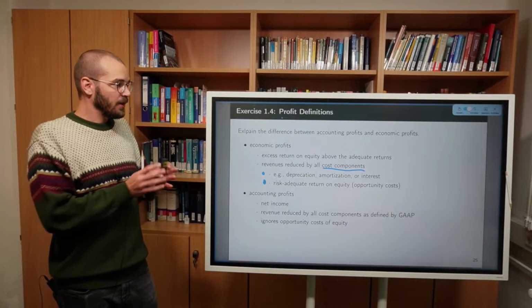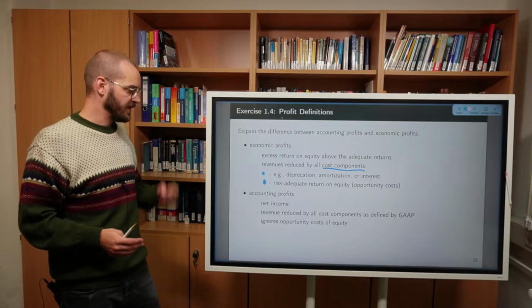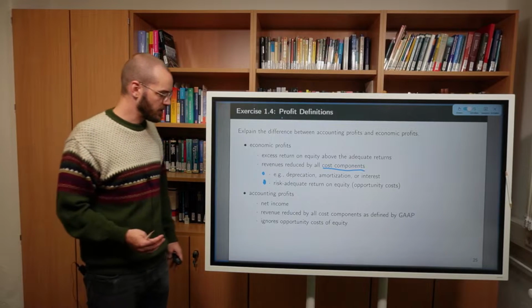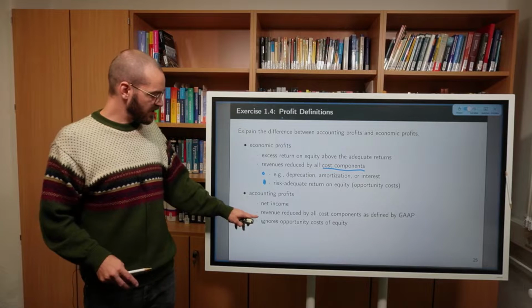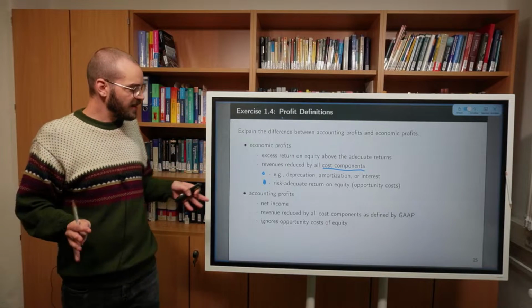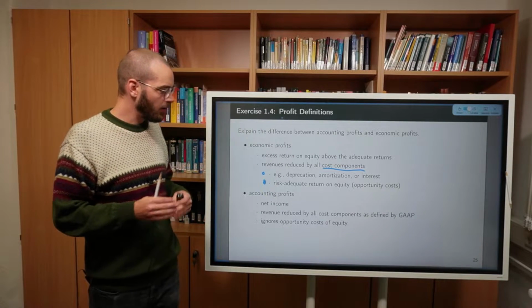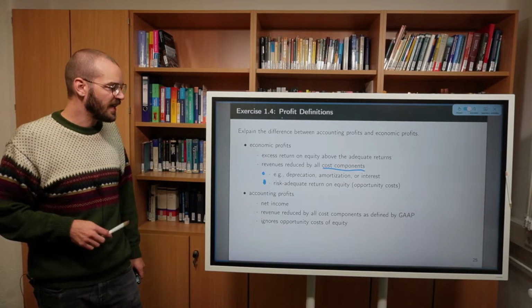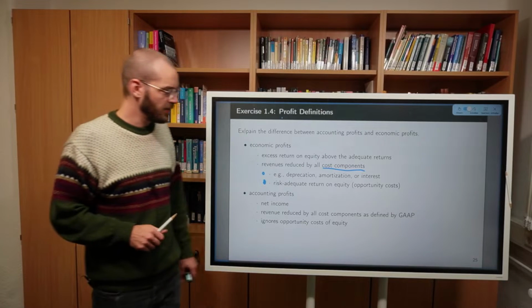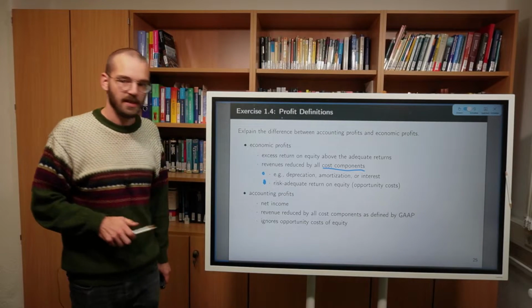Now, in contrast to this, accounting profits usually is understood as net income, right? So we start with the revenue of a firm and then reduce this by all the cost components that are defined by the GAAP, so the generally accepted accounting principles.